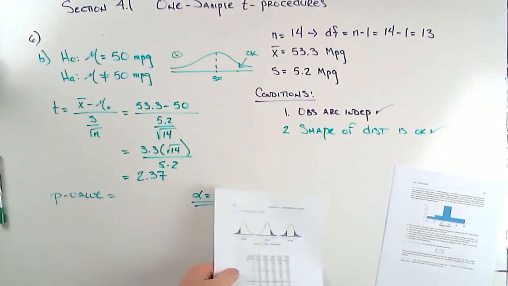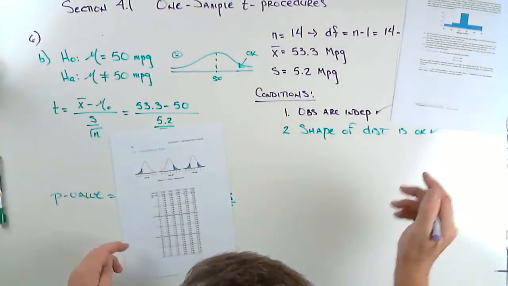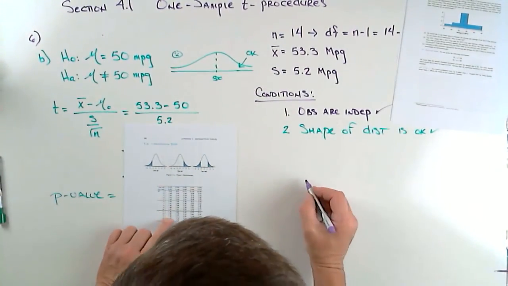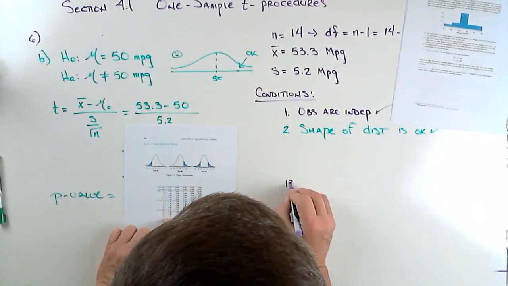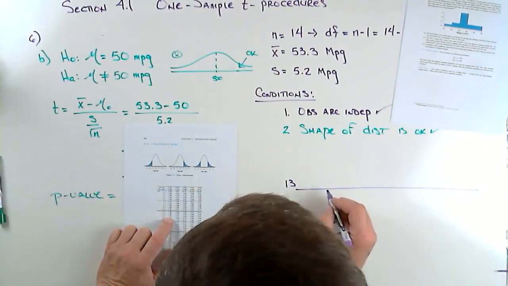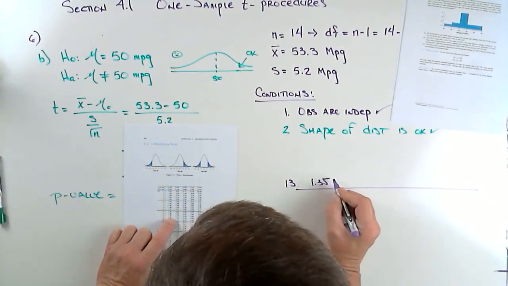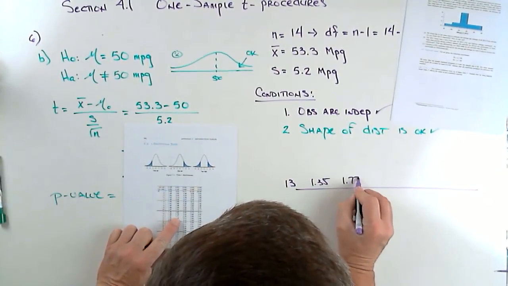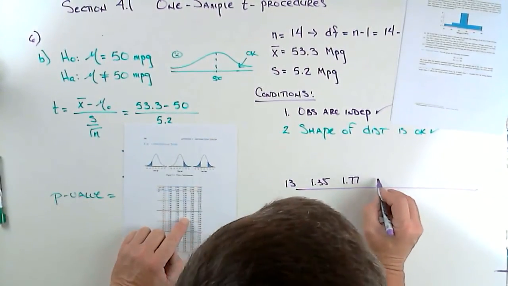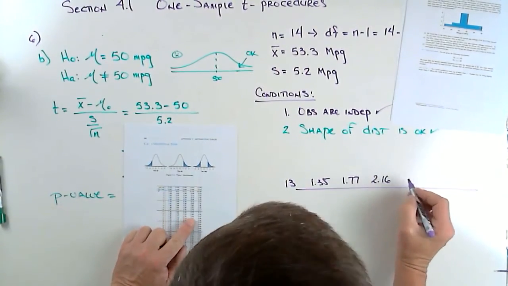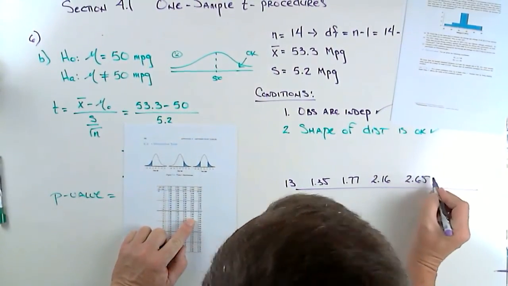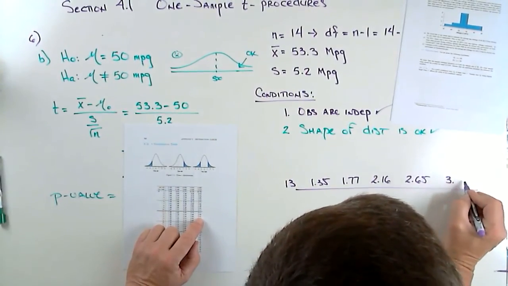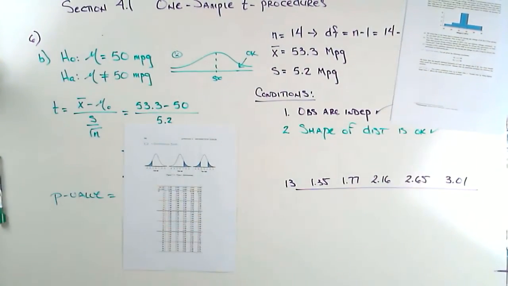If we write the values down like we did in problem 4, you don't have to do this on every problem, but I'm just going to do it here again. I have for row 13, I have values of 1.35, 1.77, 2.16, 2.65. And finally 3.01. And I'm not going to write the header at the top.